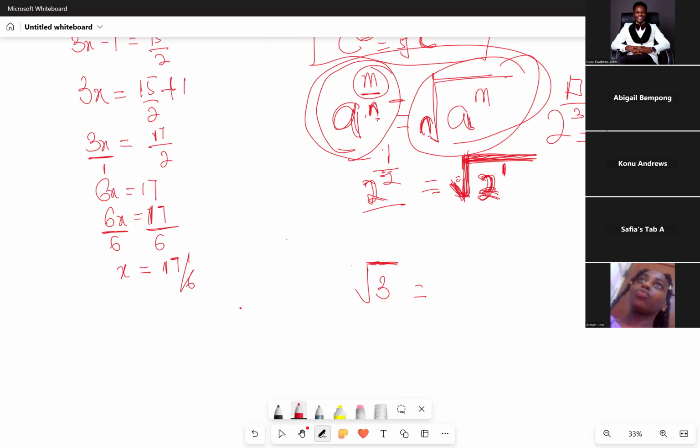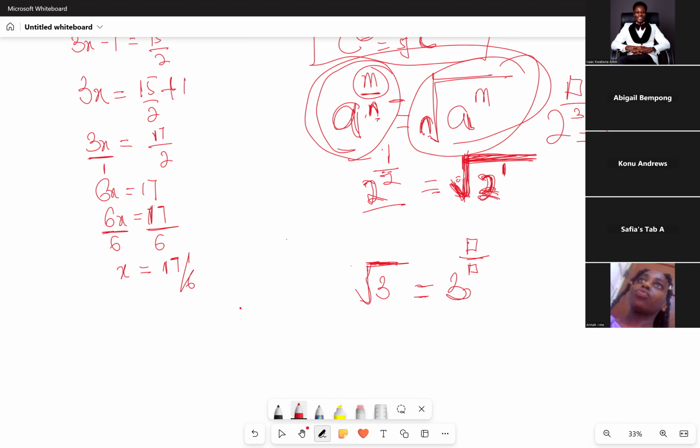Okay. So if root 3 is fine, to rewrite this, you just know that roots of numbers have a relationship with that number raised to a fractional index. Because normally it will be 3, the number raised to a fractional index, that gives the root of it, right? So now let's see. I've written 3 with a fractional index.